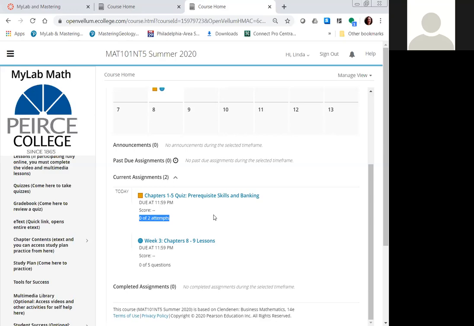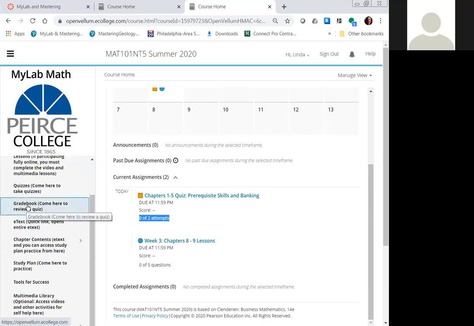So after the first attempt, you can click on the MyMathLab gradebook, and that link is on the left here where it says gradebook, come here to review a quiz. And when you click into your MyMathLab gradebook, you will be able to click on the little link that says review and click through your quiz. So you just want to click through and see what's incorrect and how to do it correctly. Keep in mind that the quiz, when you're in review mode, it will always show the correct answer.